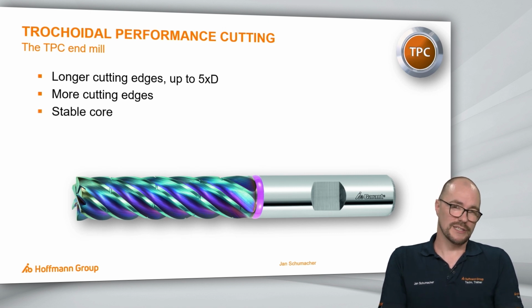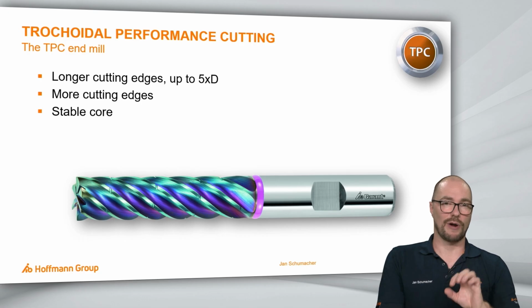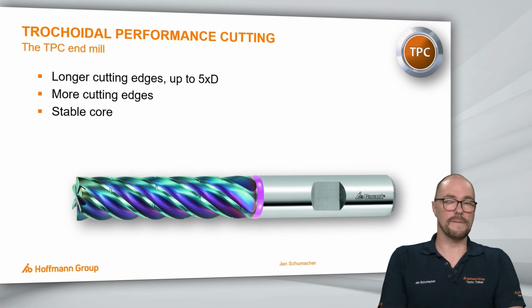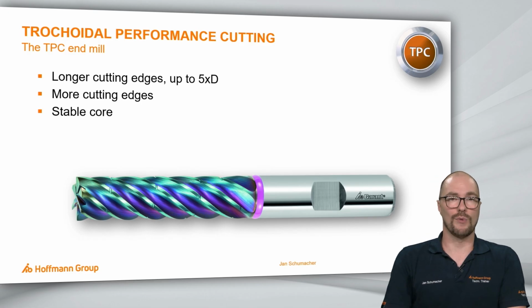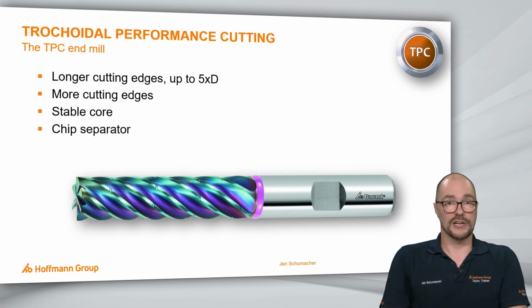More cutting edges that are ground at a lower depth into the tool result in leaving a more stable core, which is more resistant to bending forces and more mechanically stable in general.